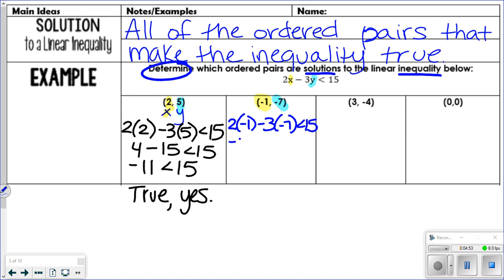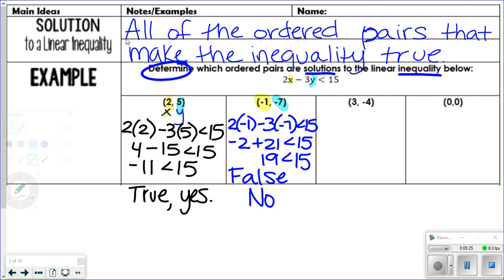So this is negative 2 plus 21. It's less than 15. And we get that 19 is less than 15. Is that true or false? This is a false statement. So that means that I'm going to say no. (-1, -7) is not a solution, so it would not be in our shaded region.